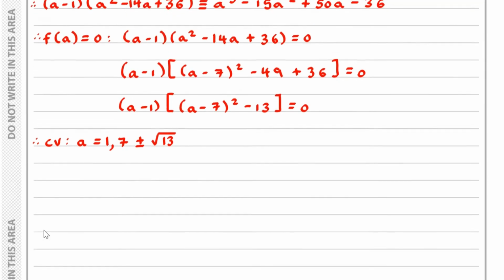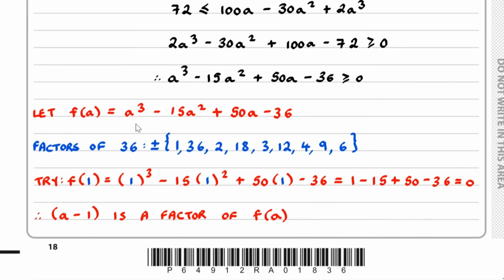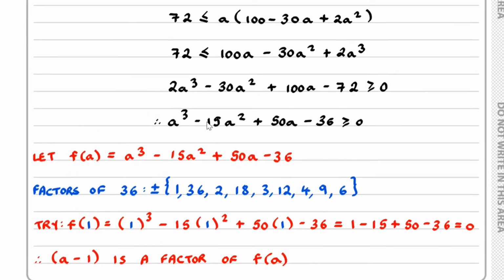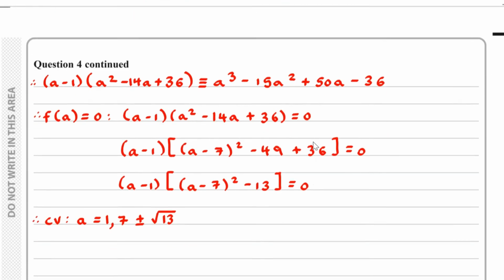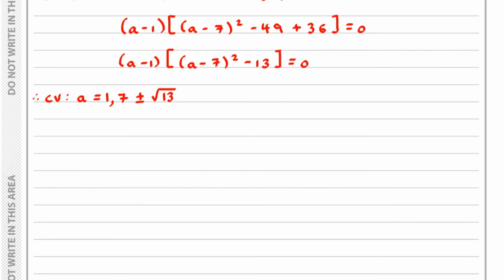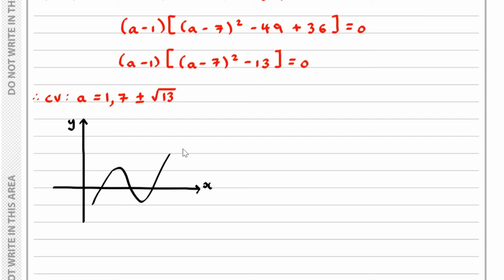So what I'm doing is I'm solving the inequality a cubed subtract 15a squared plus 50a subtract 36 being greater than 0. Now, if I draw a quick sketch of this curve, what I have is f of a here, and I've got my critical values.